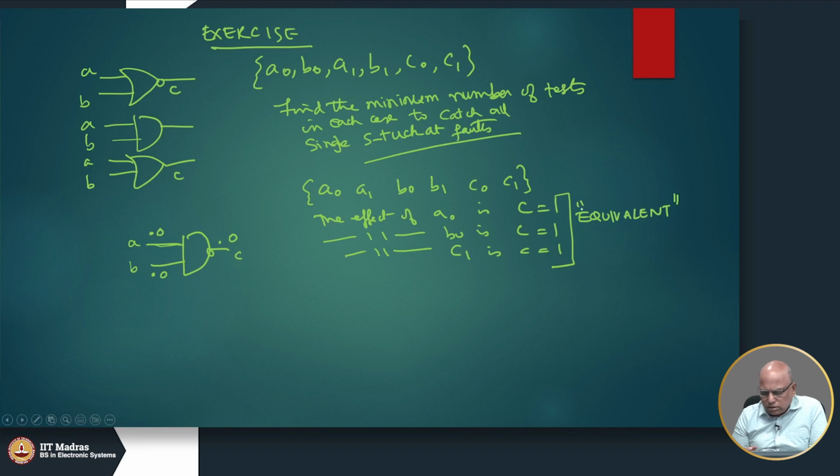When these faults occur, the output is 1. So, if I take this NAND gate and try to find a test vector for A0, a stuck at fault here will cause a 1 here, but a good circuit will produce a 1.